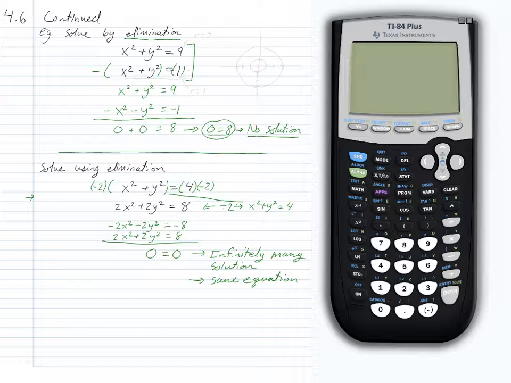Now, another nice way to think of the first example on this page: the top equation represents a circle centered at the origin with a radius of 3. So 1, 2, 3, 1, 2, 3.